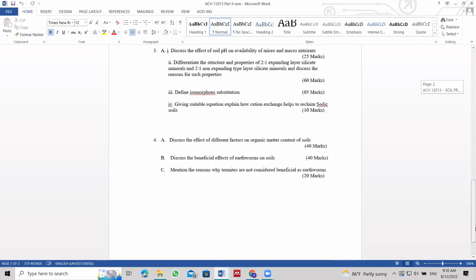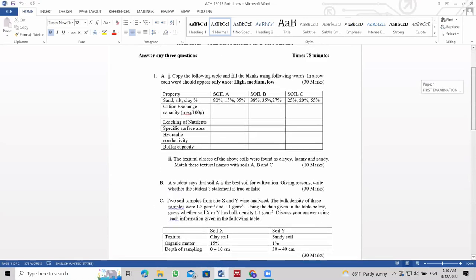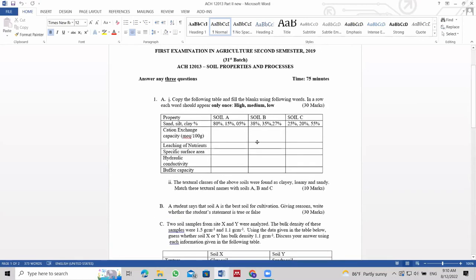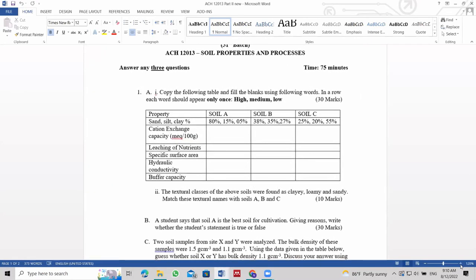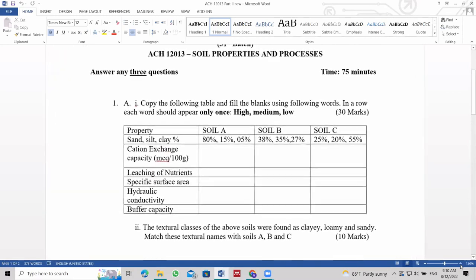But in your case, you have to answer five questions out of six. Because they had an online quiz also for this exam. So only three questions they have to answer. But in your case, you have to answer five questions. Are you able to see the screen, the question paper?